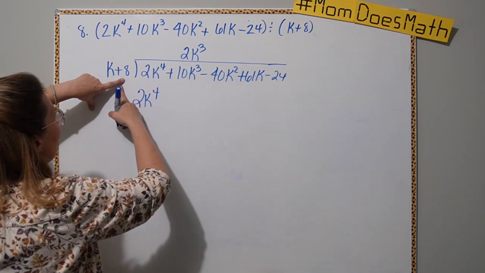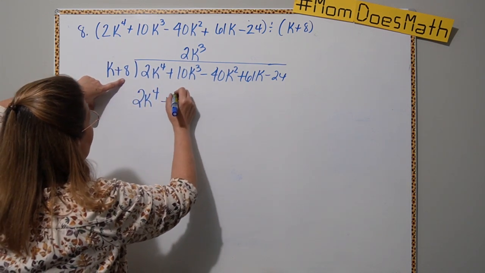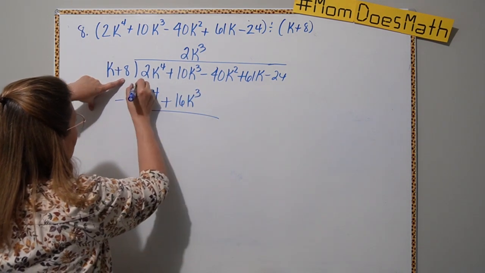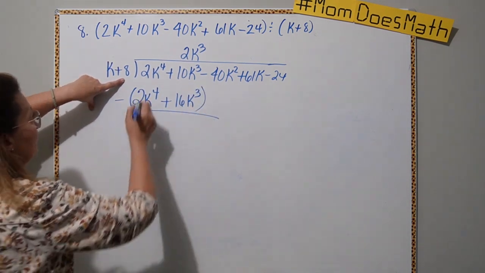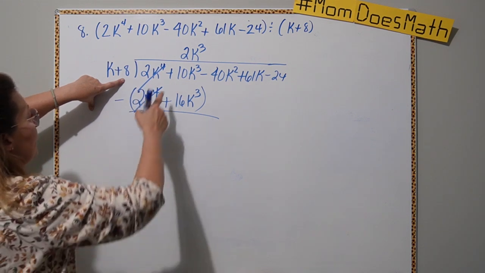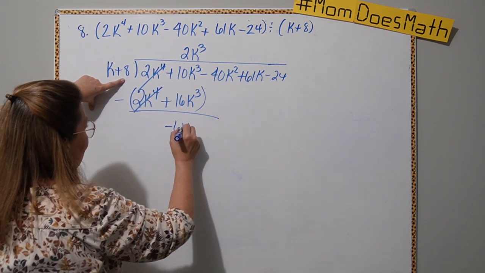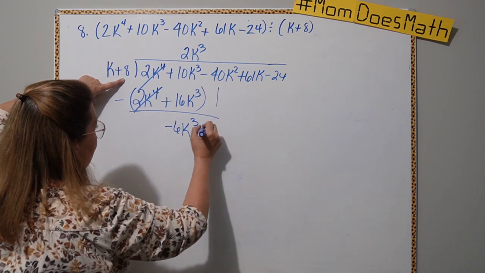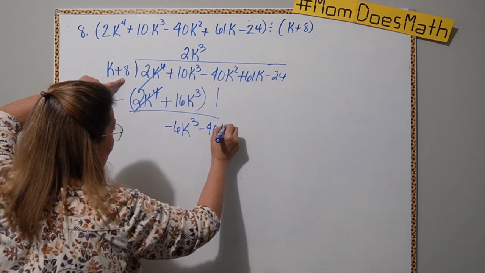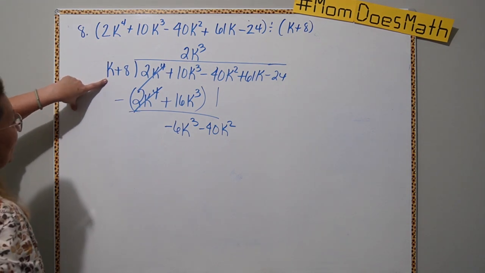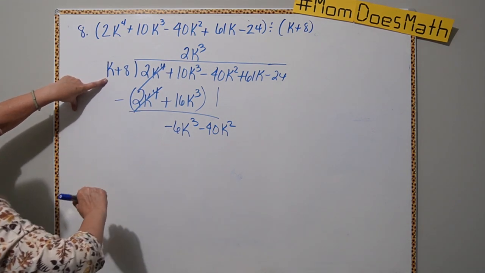And 2k to the 3rd times 8 is positive 16k to the 3rd. And now remember, for long division, we're subtracting. These subtract out. 10 minus 16 is going to give me negative 6k to the 3rd, and then bring down that minus 40k squared.